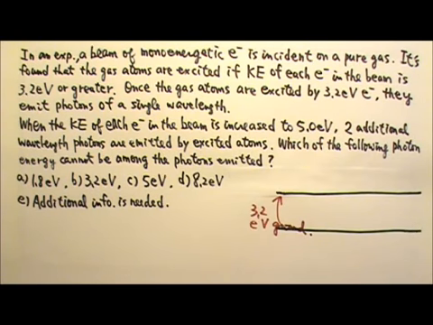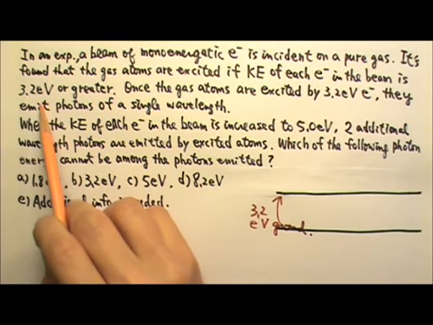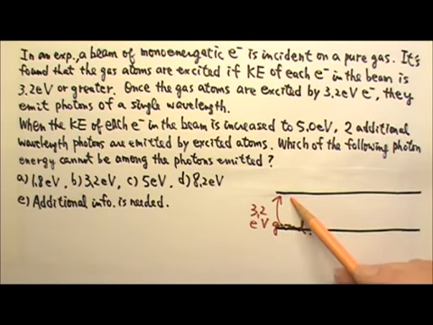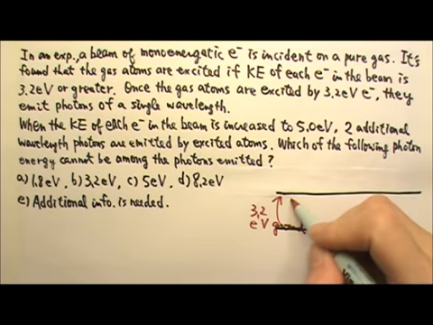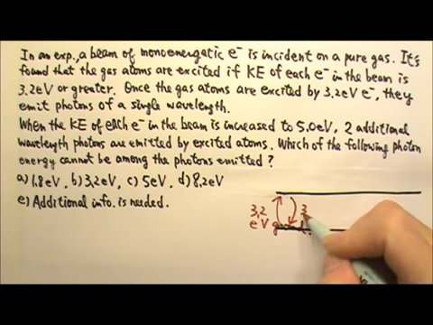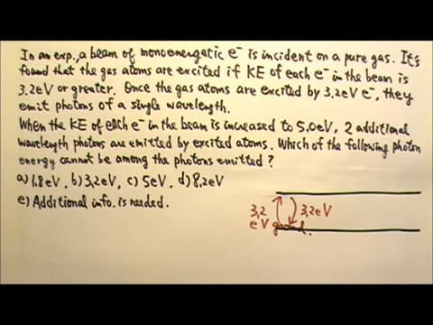And since the gas atoms can be excited by electrons with at least 3.2 eV of kinetic energy, the energy difference between the two states of the transition must be 3.2 eV, and the lower of the two energy states must be the ground state. So the single wavelength photons given off by those excited atoms must be 3.2 eV as well.